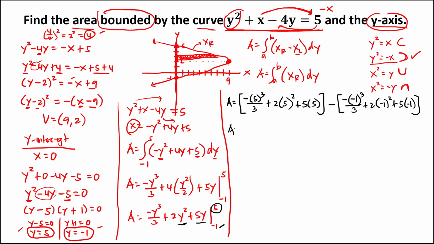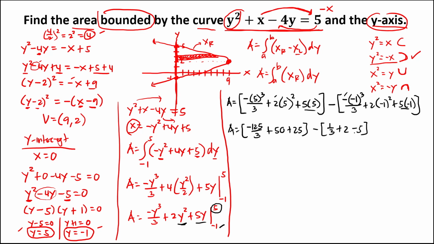To simplify, 5 cubed is 125, so negative 125 over 3, plus 5 squared is 25, 25 times 2 is 50, then 5 times 5 is 25, then minus negative 1 cubed over 3, negative 1 times negative, so we have positive 1 over 3, then negative 1 squared is positive 1 times 2, this is positive 2, and this is negative 5.